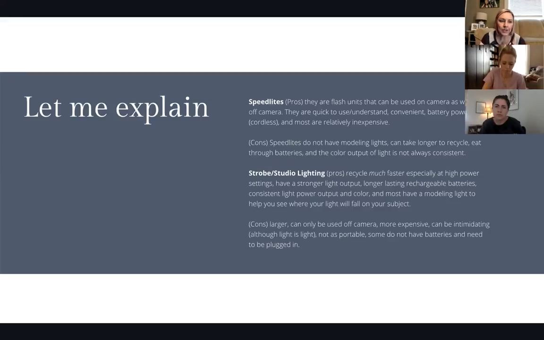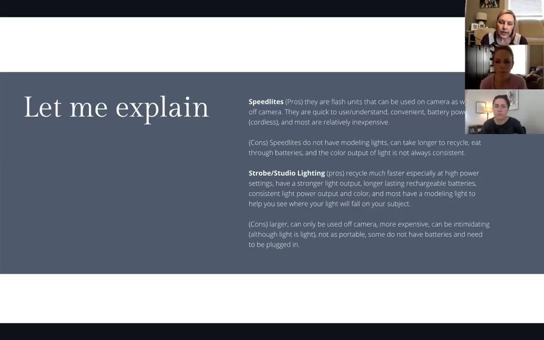To me, a true modeling light is one that stays on constantly so that you can constantly see how the light is falling on your subject's face. Speed lights can take longer to recycle, especially at a higher power. They eat through batteries, and the color output of the light is not always consistent.